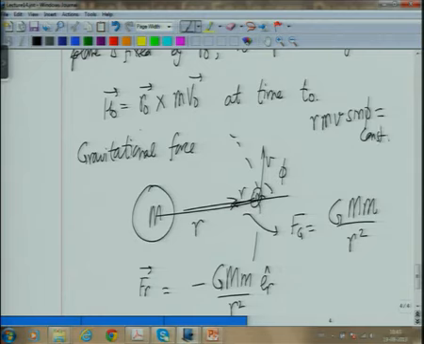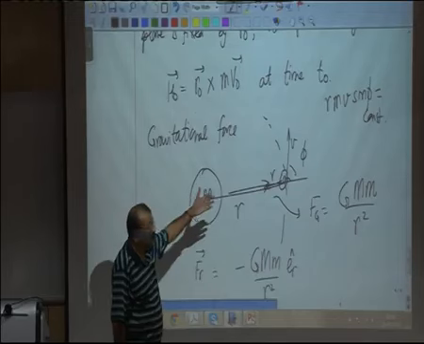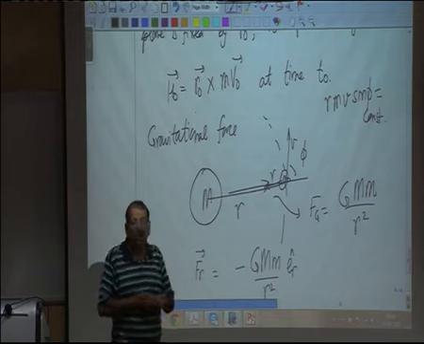This is because v sine phi gives the perpendicular component, times r. So this cross product will just become r times mv sine phi. So that must be constant for different positions. So this will be one of the equations you will get for the planetary motion from central force.